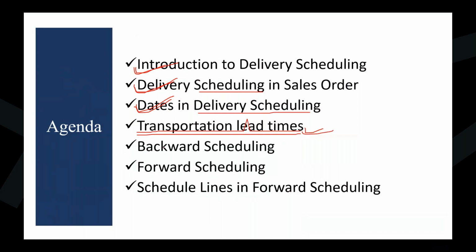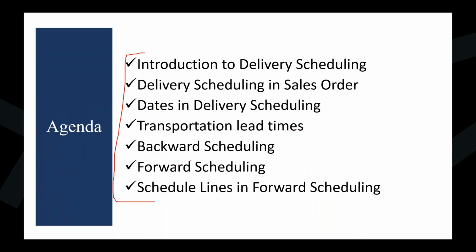Then the initial backward scheduling, how it happens and what time elements are taken into consideration. Then forward scheduling, what it is and when the system will switch over to forward scheduling. And then schedule lines in forward scheduling, how they appear. So these are the topics we will be covering in delivery scheduling.